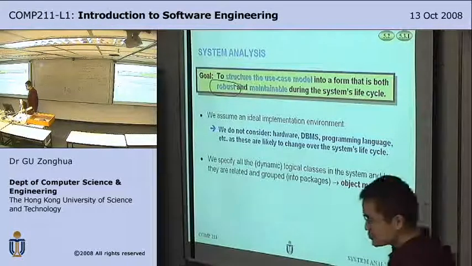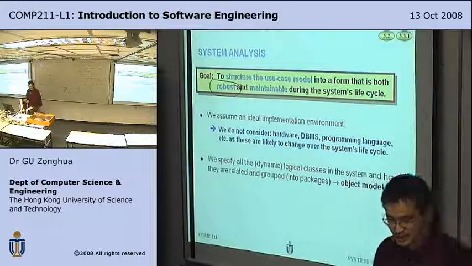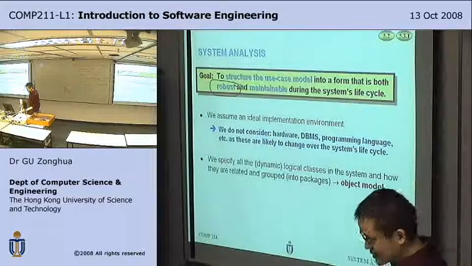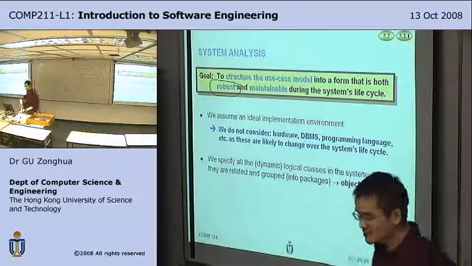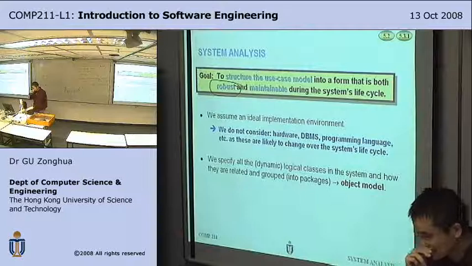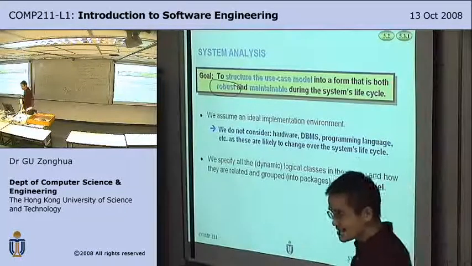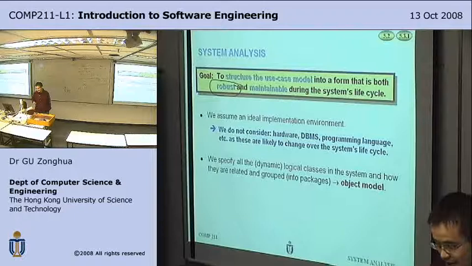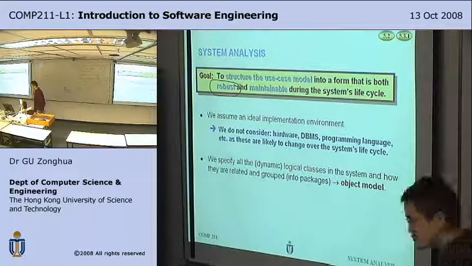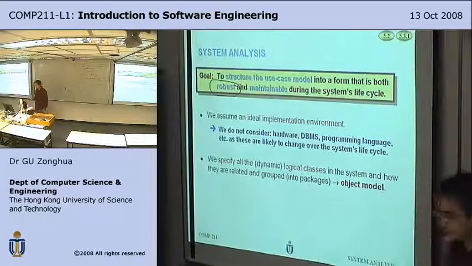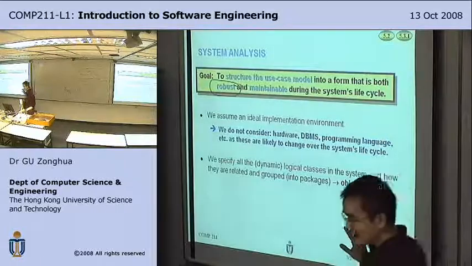So at this stage, we don't want the system's architecture to be affected by the implementation environment, so that this is a platform-independent model. By ignoring the implementation environment, we reduce the complexity and make the model robust. So we specify the logical classes (dynamic).